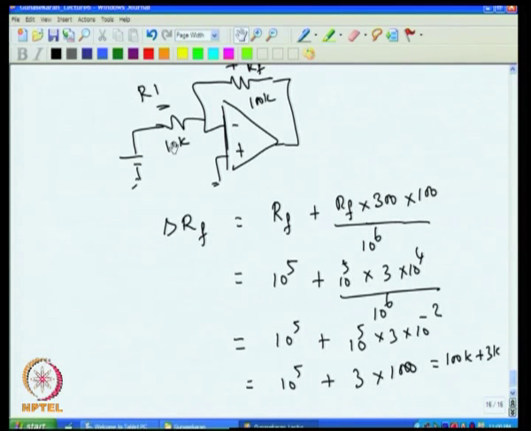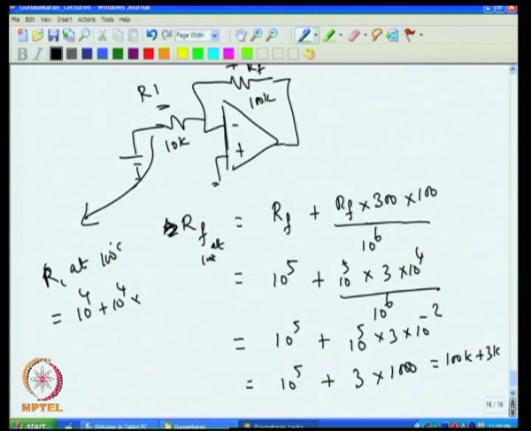In the same way, for this 10 K, if I calculate, you will get the same equation. If I put delta, this is actually RF at 100 degree C, same thing I put R1 at 100 degree C, that will work out to be 10 power 4 plus 10 power 4 into 300 ppm.